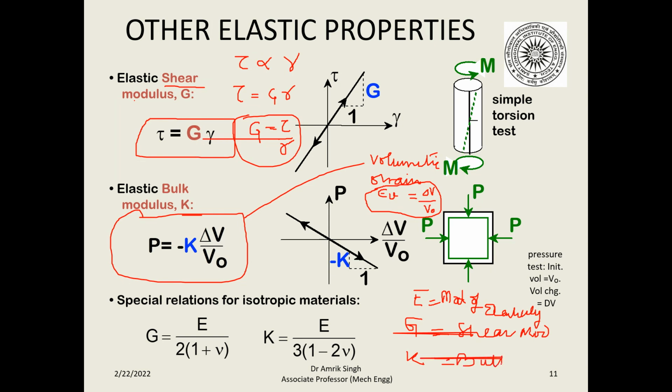We will derive this relation. These two relations are very important, so you must remember them all the time for solving the numericals. These are the special relations for the isotropic case.